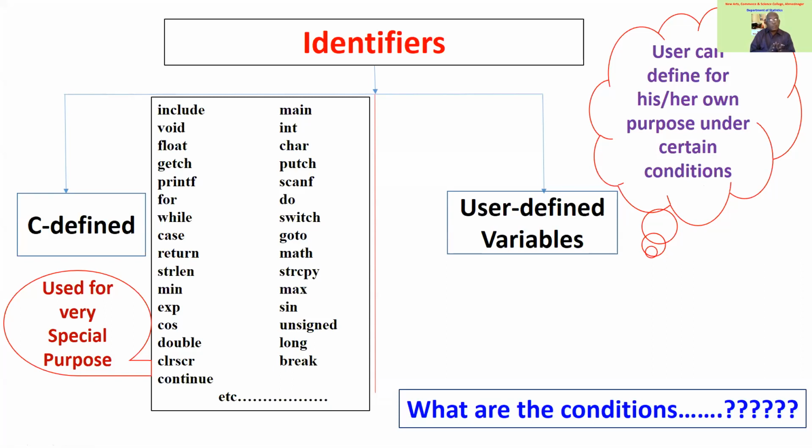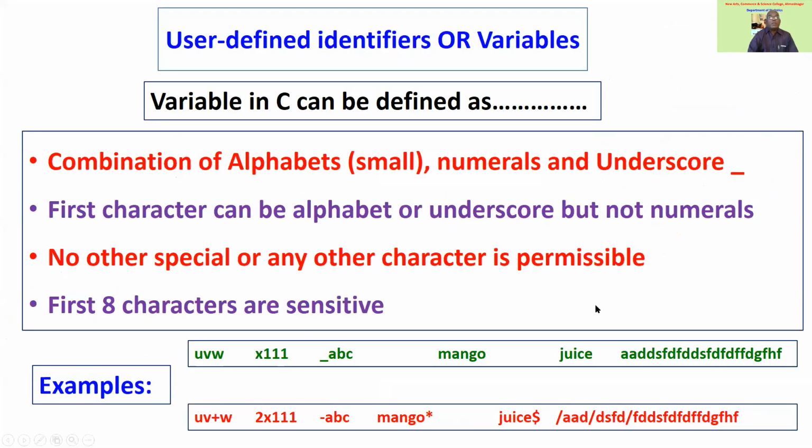So we have a choice, an option to define user-defined variables, but there are certain rules and conditions we have to follow. The conditions are very simple. These conditions for how a variable in C can be defined are given.